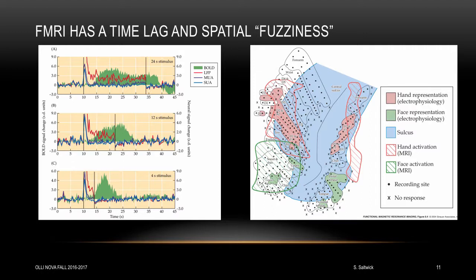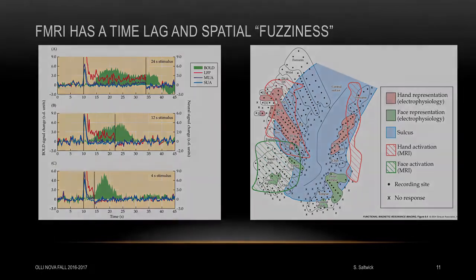So we need to be aware of that as we interpret results. We're getting an average of brain activity over a much larger area than we would if we were directly recording brain cells. However, we can only directly record in an operating room. This would tremendously limit our ability to study the brain. So fMRI is a good technique, but again, it has caveats we must be aware of.